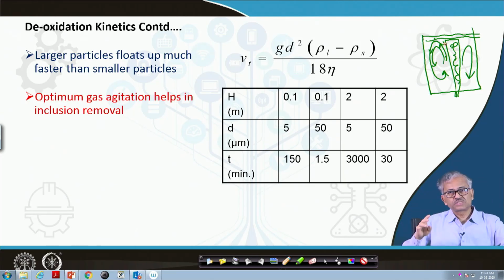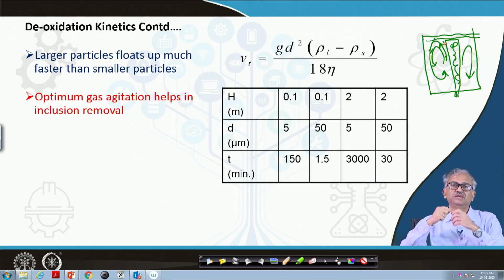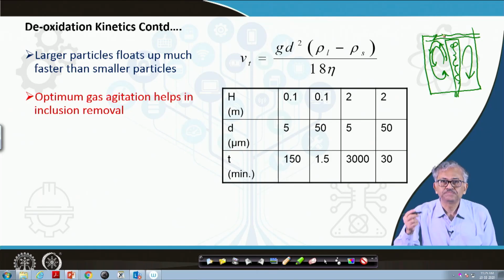So you have to have an optimum velocity, because if the velocity is very high, the inclusion will be re-entrained into the liquid rather than released to the slag. But if the liquid velocity is not very high, the impurity will travel with the liquid streamline, and when it reaches the slag, it will be absorbed into the slag.